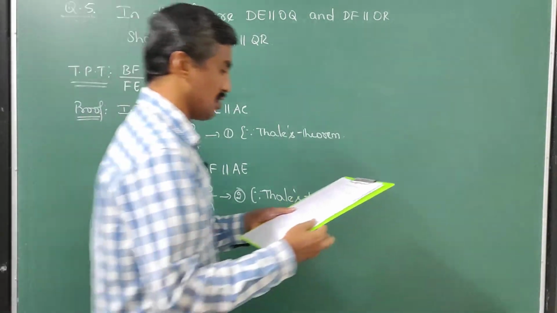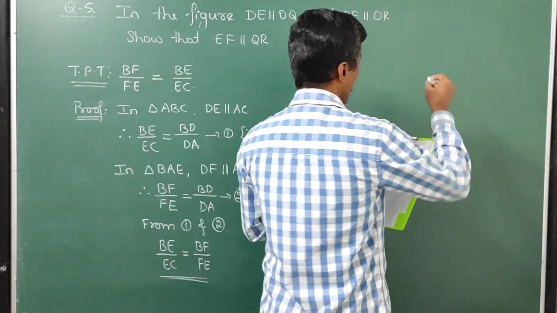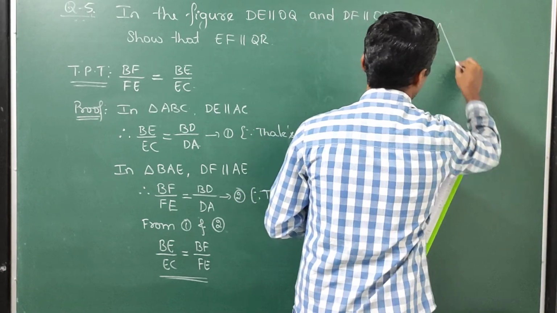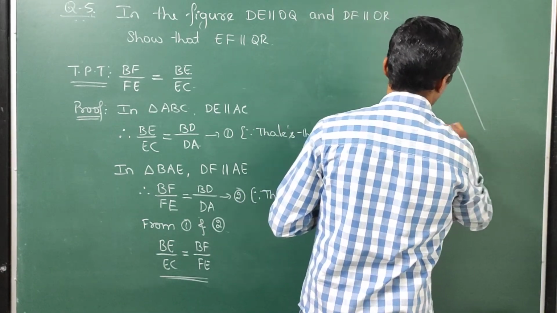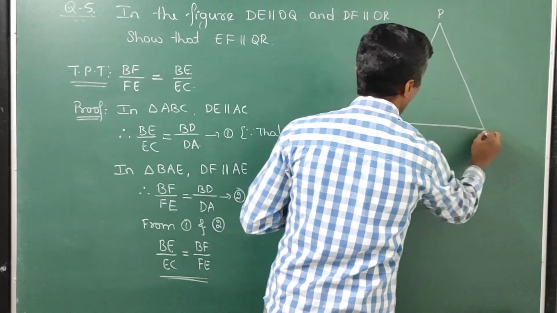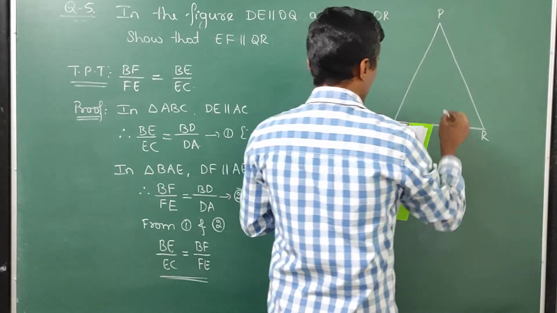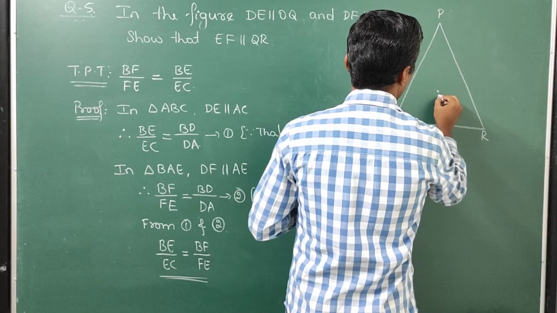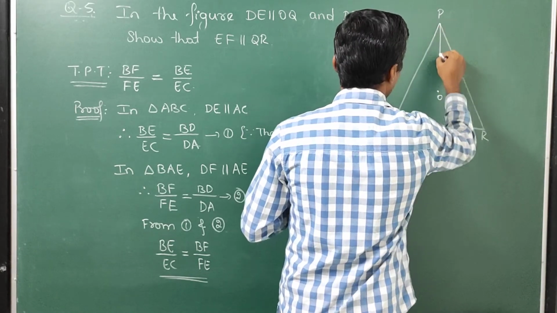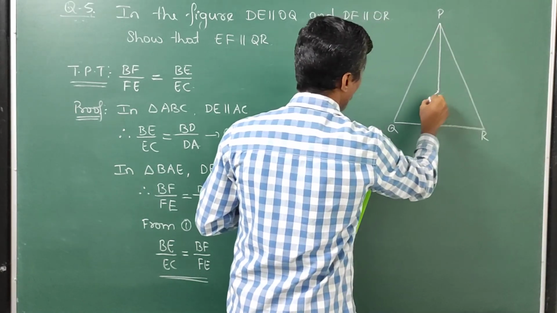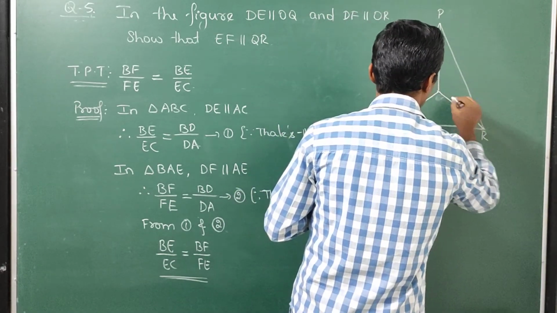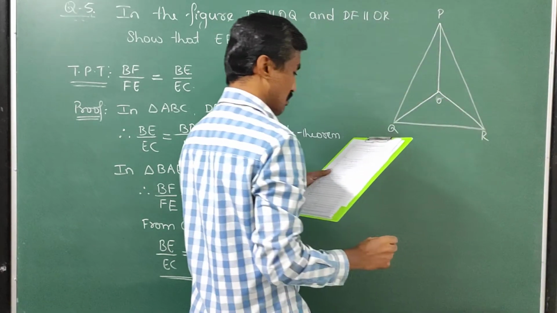The figure is like this. There is a triangle PQR, and O is a point. Then P to O, O to Q, and O to R are joined.